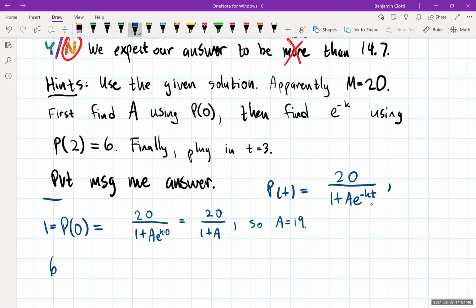Six is P of 2, which is 20 over 1 plus A e to the negative 2k.